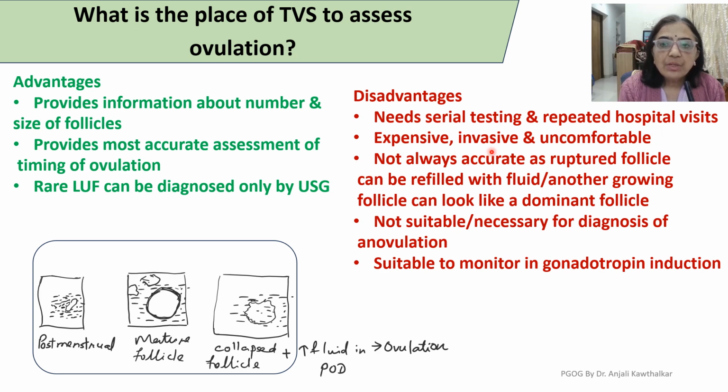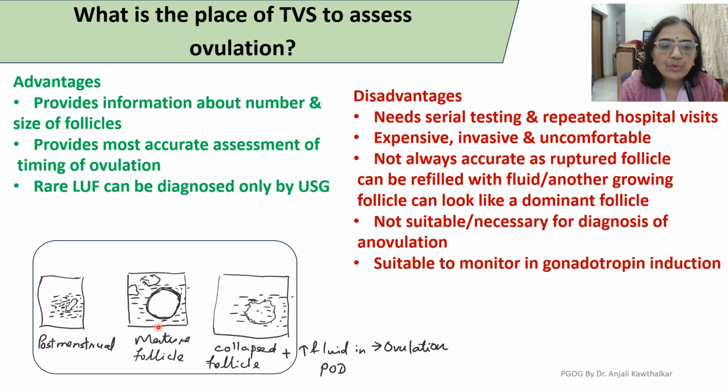It is expensive, invasive, and uncomfortable, especially transvaginal sonography. It is not always accurate. This is important as a ruptured follicle can be refilled with fluid. So it is not always a straightforward way of diagnosing ovulation. After rupture it can again get refilled with fluid, or another growing follicle can look like a dominant follicle.